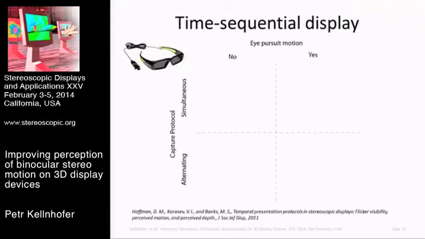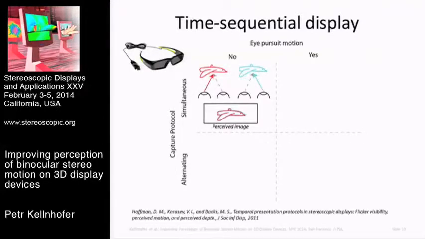But we also noticed that it depends on how you look at those images. If your eyes are static, looking at one point on the image, then you should render images with a simultaneous capture protocol, because then both images will be projected on the correct corresponding places of the retina, which is not moving.